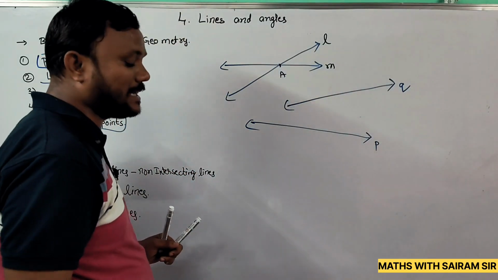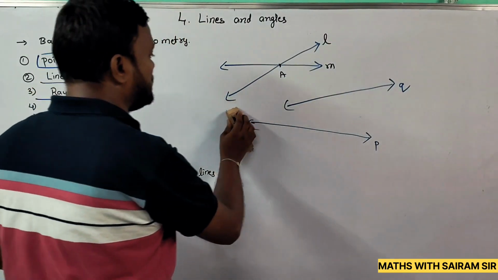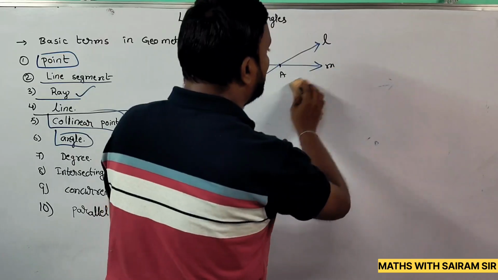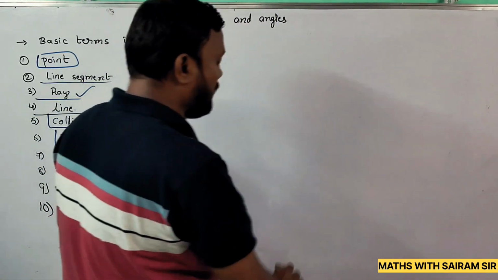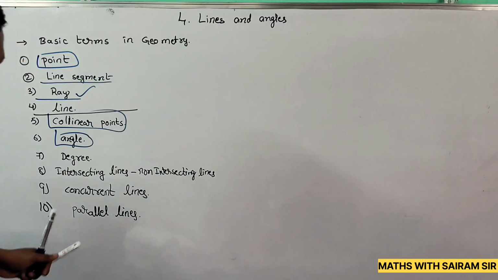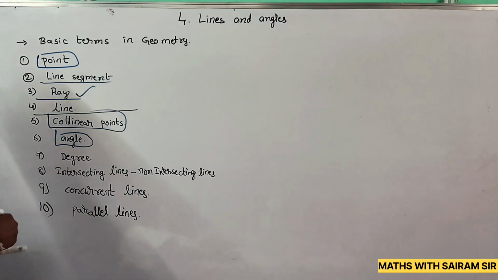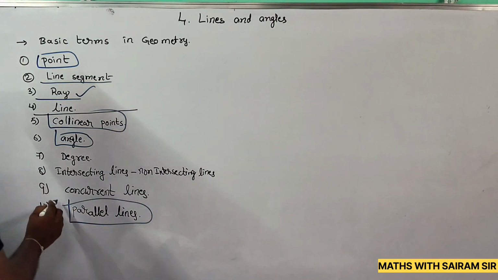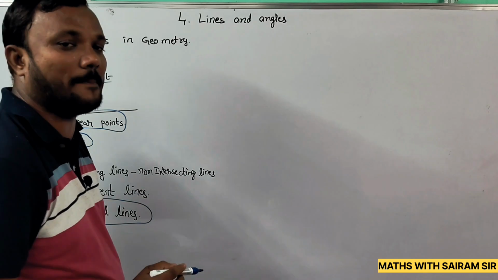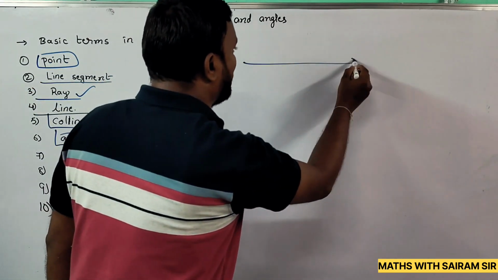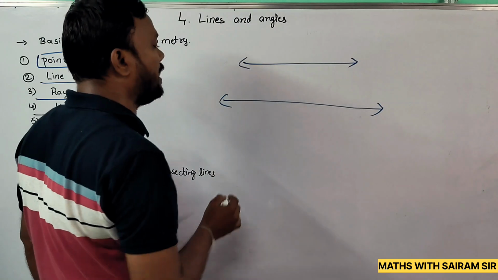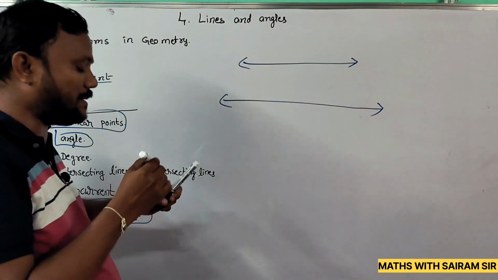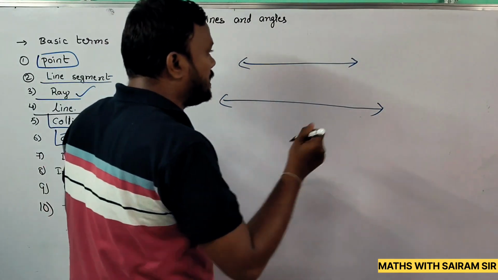Okay, then non-intersecting lines means what? Lines which do not meet each other, even when extended endlessly on both sides, are known as parallel lines. Two lines are said to be parallel if they do not have any common point, even if you extend them endlessly on both sides.